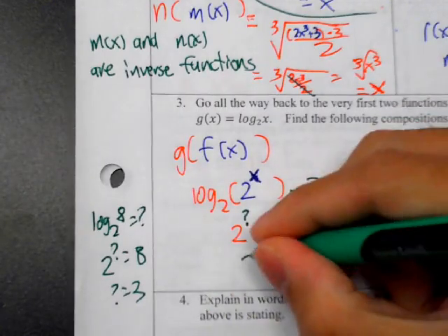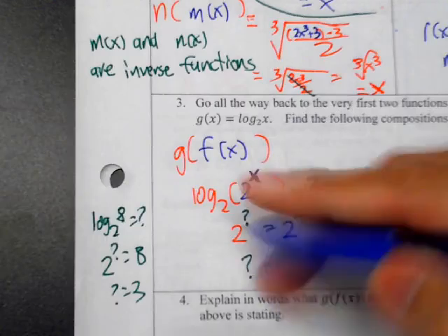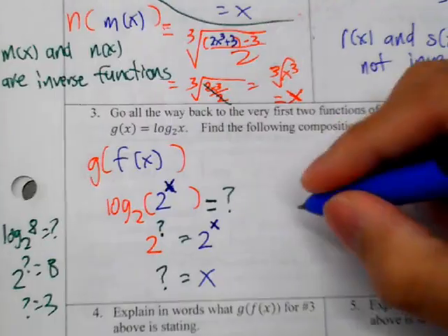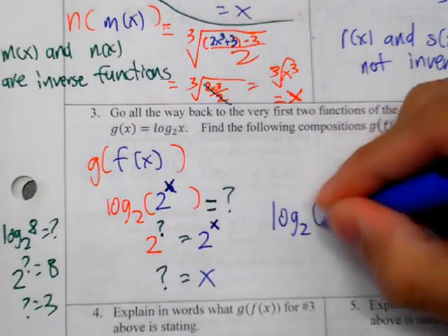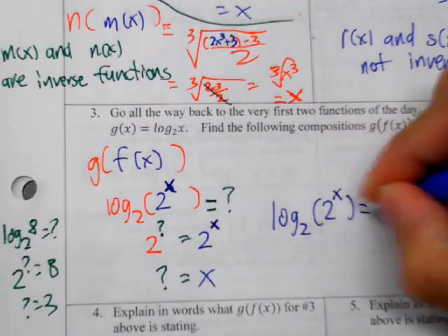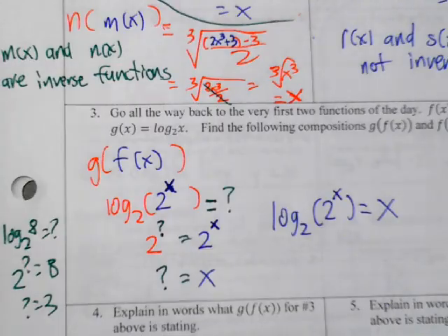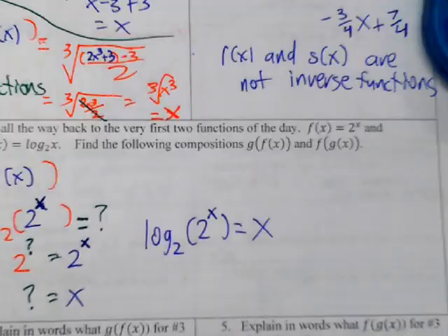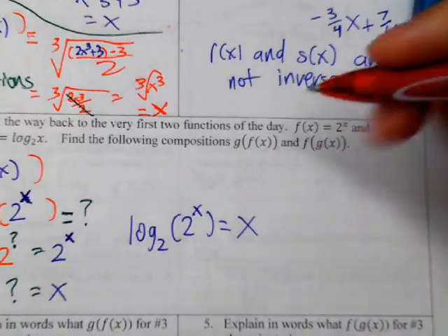Okay, so it does simplify down to just x. Now, the other order is more complicated. Okay, so f of x is 2 to the power of, and then g of x is log base 2 of x.